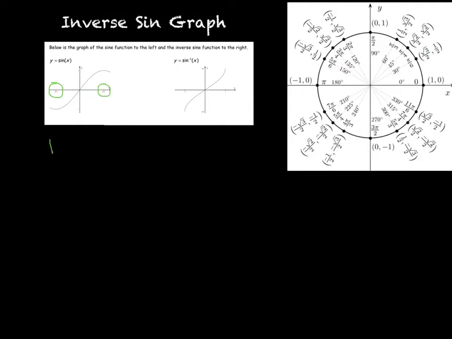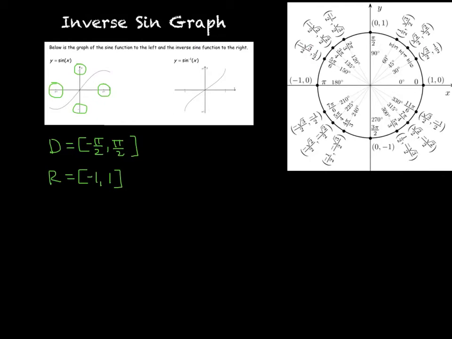So why don't we just say the domain is bracket negative pi over 2 to pi over 2, and the range is going to be negative 1 to 1. And you can see that's the lowest y value that the sine will ever go, and that's the highest it will go.